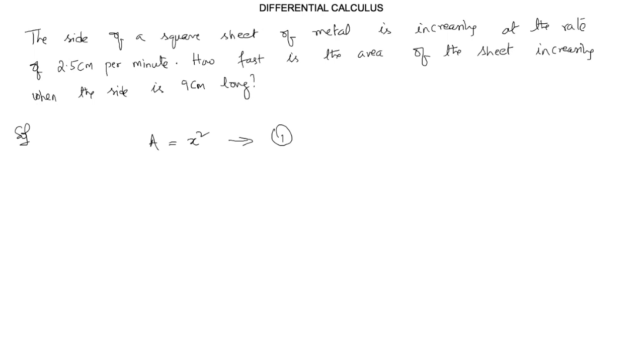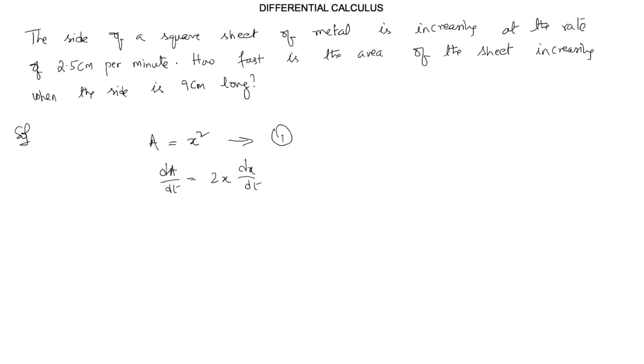Now differentiating this with respect to t, we get dA by dt, which we have to determine, that is equal to 2x dx by dt.